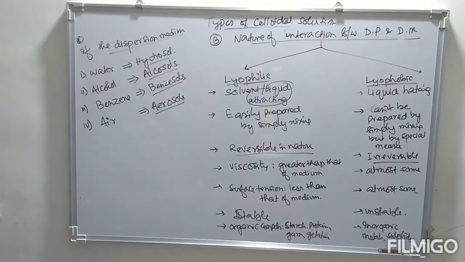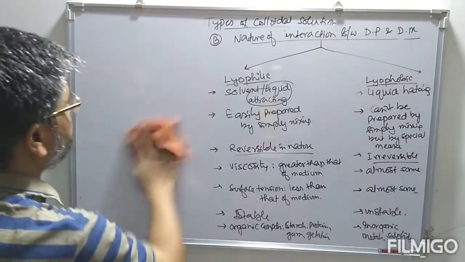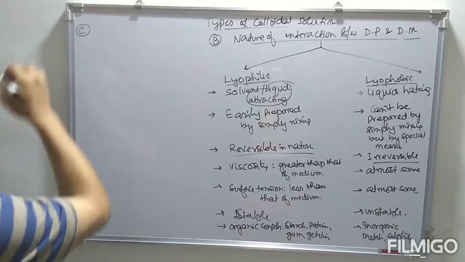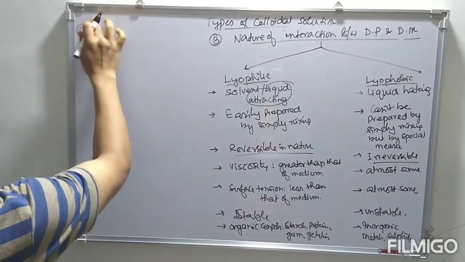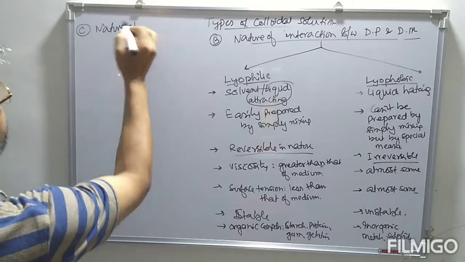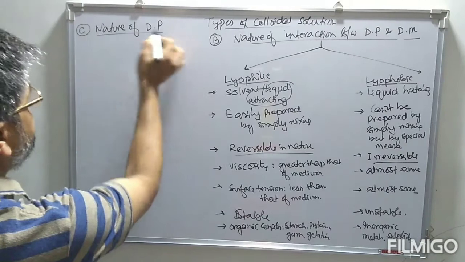the third classification of colloidal solution. Third classification is based on the nature of the dispersed phase.